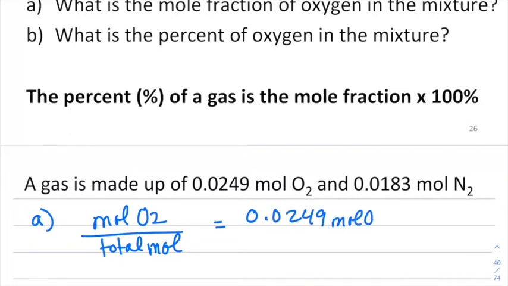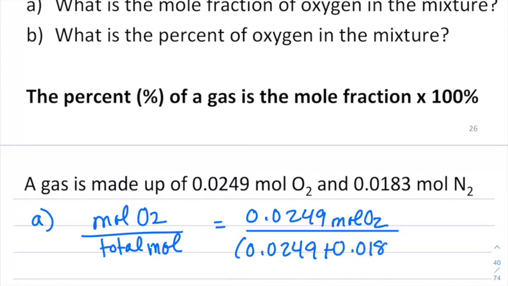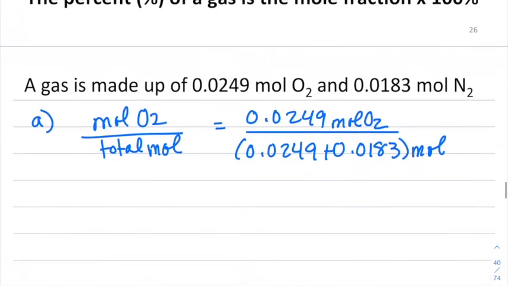Those are our moles of O2. Divided by our total moles, which will be 0.0249 plus 0.0183. Now it's kind of a weird thing. We call this mole fraction, but you actually have to calculate it out. You actually have to do that division.